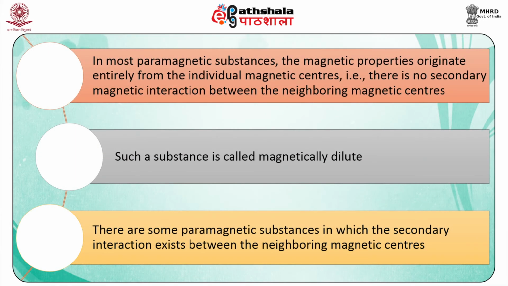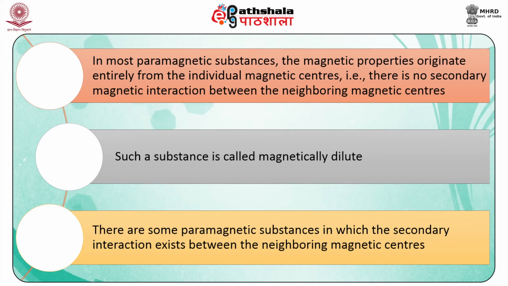In most paramagnetic substances, the magnetic properties originate entirely from the individual magnetic centers. That is, there is no secondary magnetic interaction between the neighboring magnetic centers. Such a substance is called magnetically dilute.